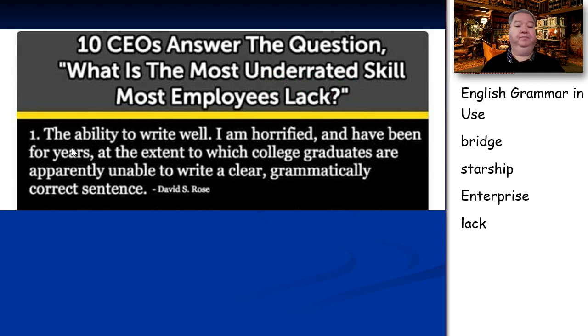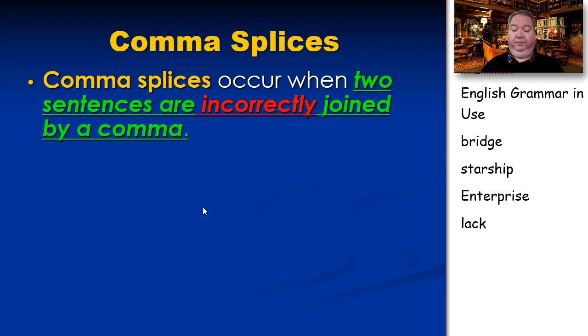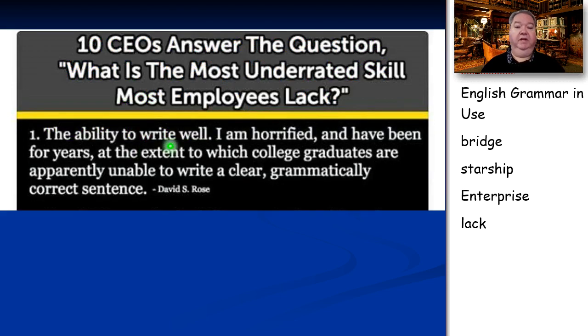Number one, what's the most underrated skill? The ability to write well. This guy, David Rose, says, I'm horrified, and have been for years, at the degree to which college graduates are apparently unable to write a clear, grammatically correct sentence.